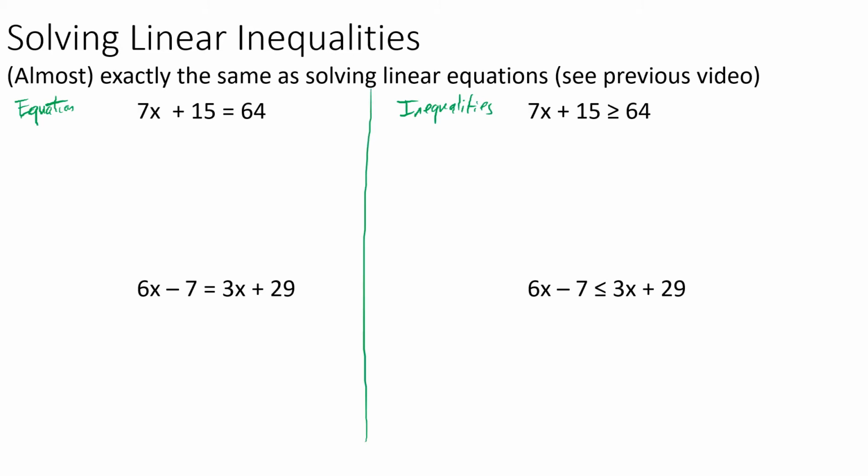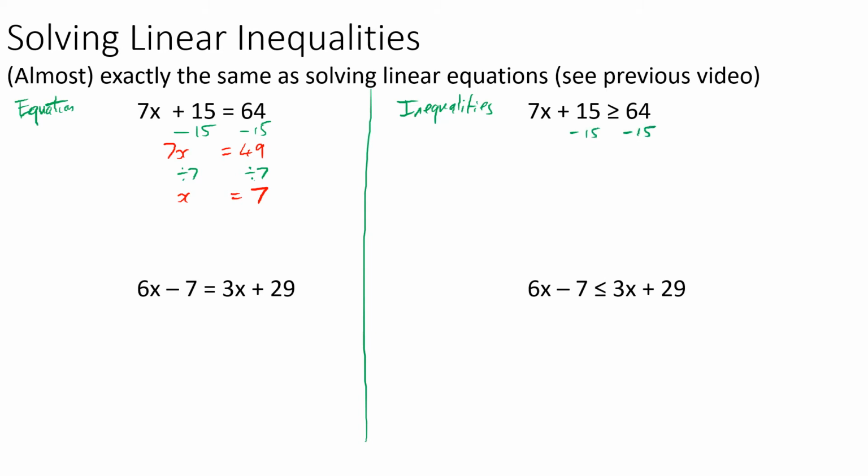And we're just going to look at quite how similar these are. So for our first one, 7x plus 15 equals 64. That's an equation. We would subtract the 15 from both sides, which would give us 7x equals 49. And then we would divide by 7, and we'd pat ourselves on the back that we've worked out that x equals 7. For an inequality, we would subtract 15 from both sides.